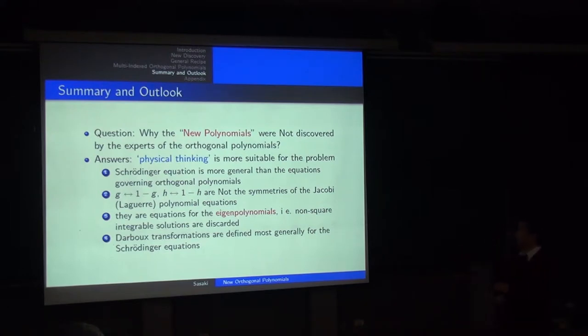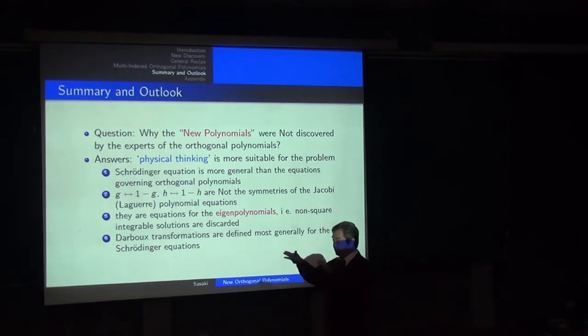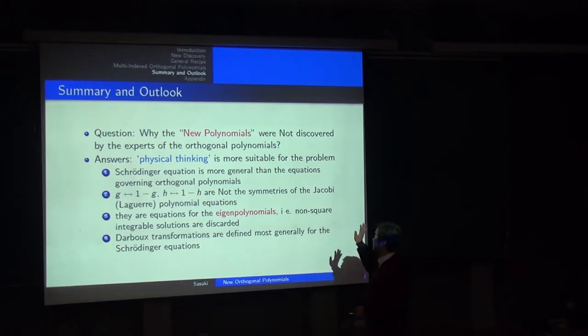And again, the second point: I could get these seed solutions by using the discrete symmetry, g to 1 minus g, h to 1 minus h. But as I emphasized, these are not symmetries of the Jacobi polynomial equations, because the equations for the Jacobi polynomials are equations for the eigenfunctions. So one solution is removed, and it no longer has such symmetry.